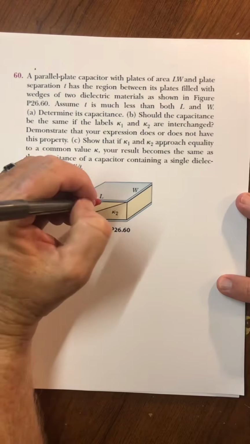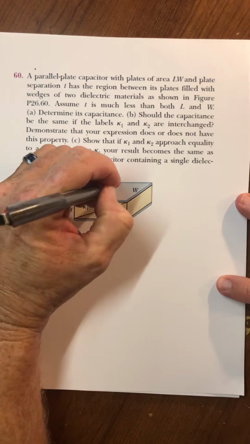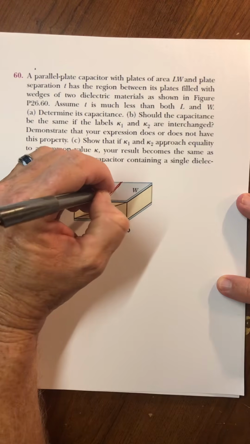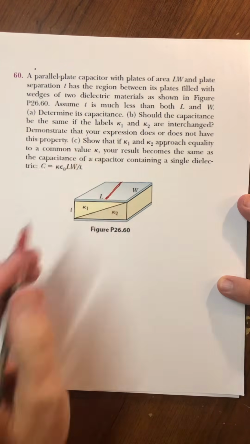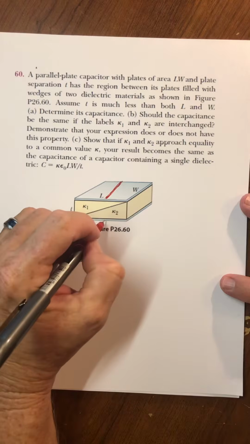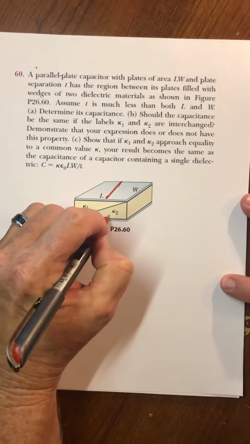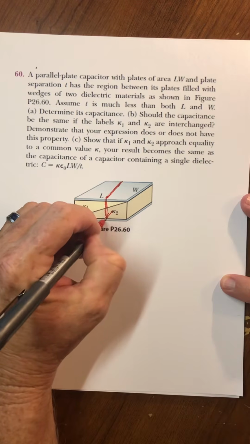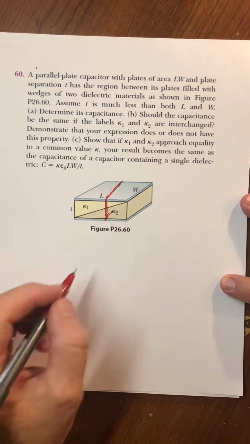You might think of this as a little microscopic strip heading back into the paper. With a matching one on this side underneath, and then making a capacitor.